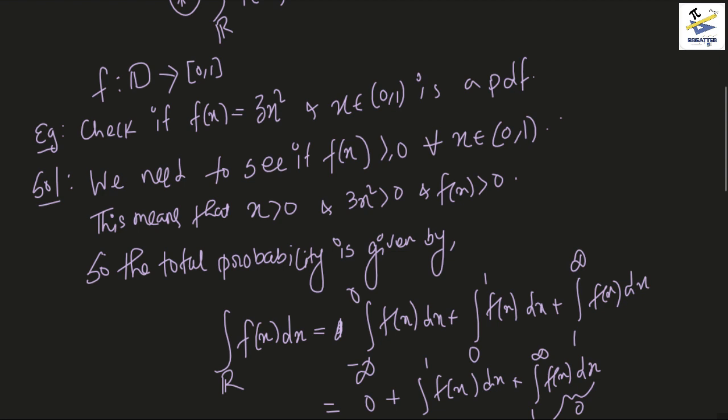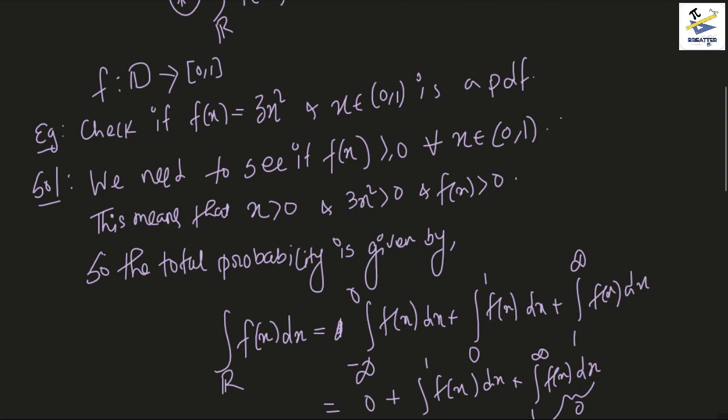If such a question comes and you need to write it subjectively, well, since x is belonging to (0, 1), this means that x is greater than 0, and therefore 3x squared is also greater than 0, and therefore f of x is also greater than 0. So obviously the condition for non-negativity is satisfied.